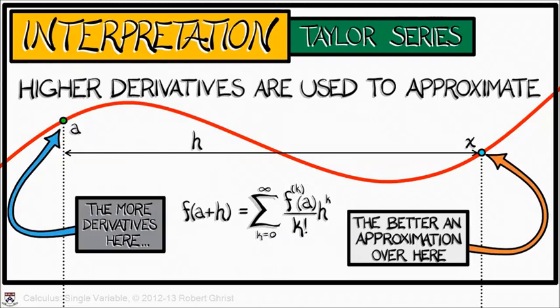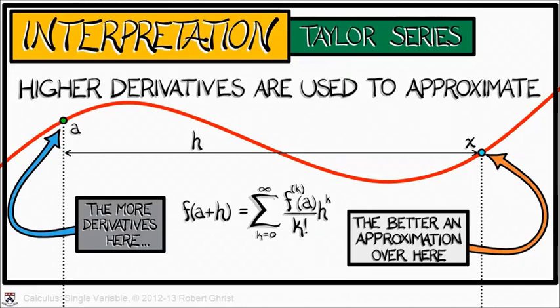It's a bit remarkable that just by knowing infinitesimal information at a particular input, that is, higher and higher derivatives at a, you can say what the function is doing far away. That actually goes fairly deep into other areas of mathematics.